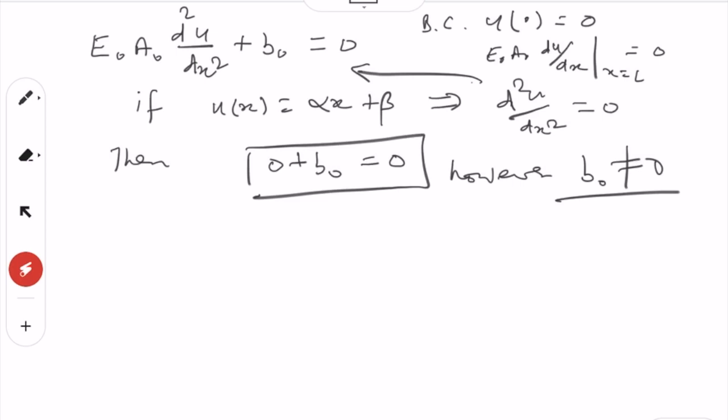Then what to do? Basically, we have to find an alternative equation.